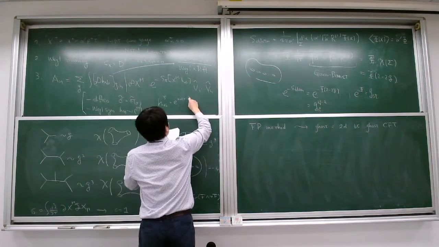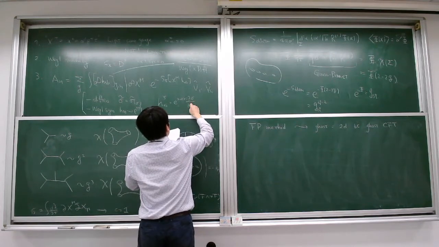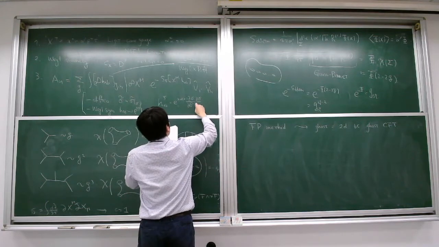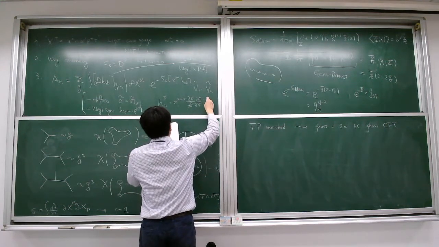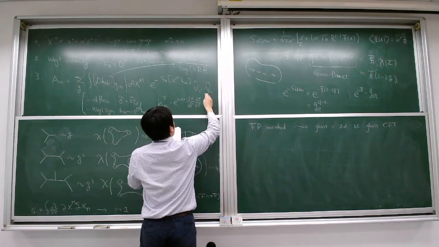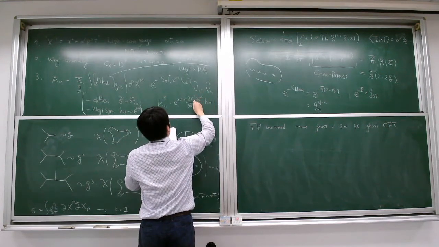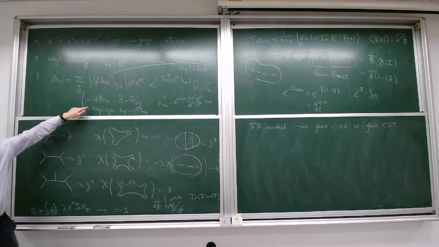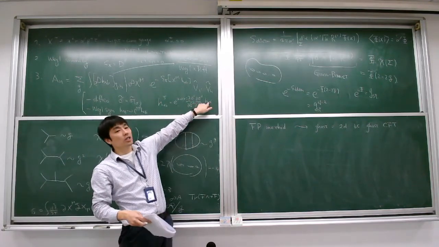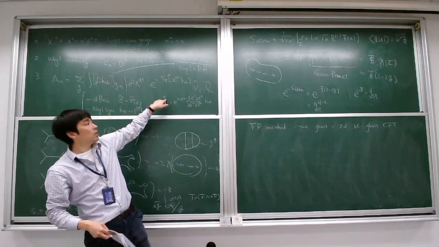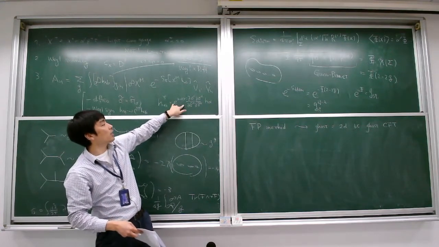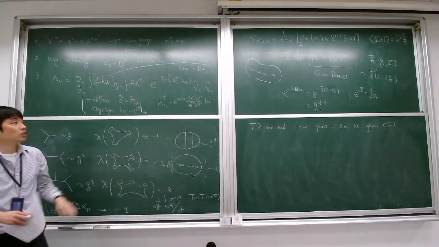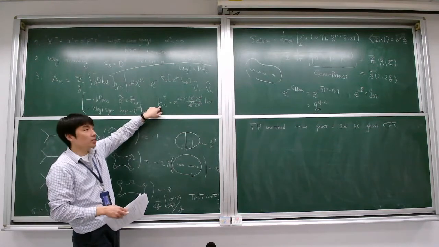And then, this is what you have learned in GR, how to transform the metric. By using these two symmetries, one can bring h to h-hat. This is Weyl scaling, and this is just diffeomorphism. You get this one. So this configuration is physically equivalent to this configuration.